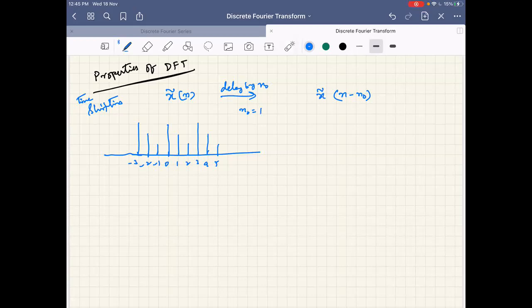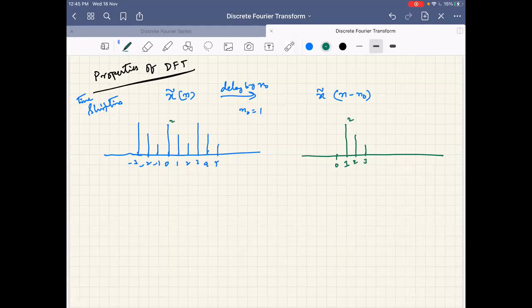So if I shift this by 1 unit, this is x tilde of n, how will x tilde of n minus n naught be? Let us assume that this is 0 now. There is a shift by 1 unit, and hence instead of occurring at 0, the initial magnitude 2 will now occur at time instant 1. Then this will occur here and this here, 2 and 3.